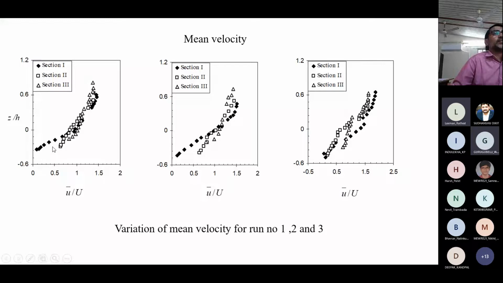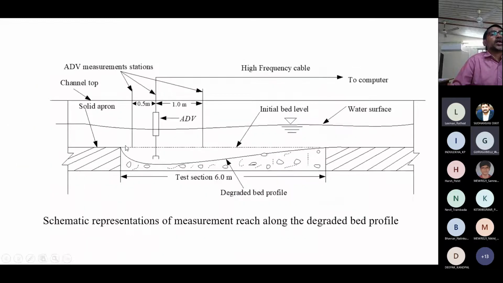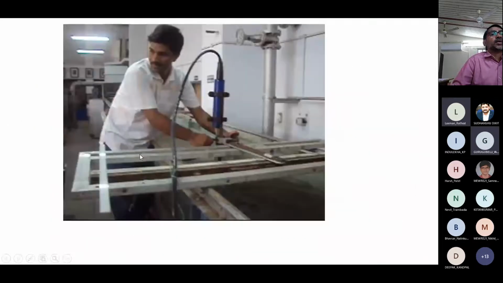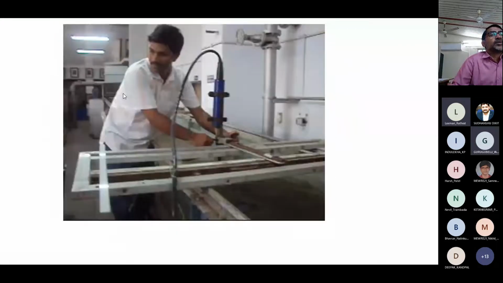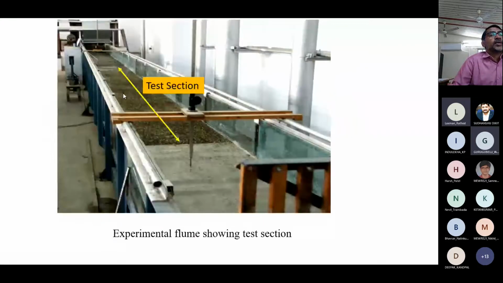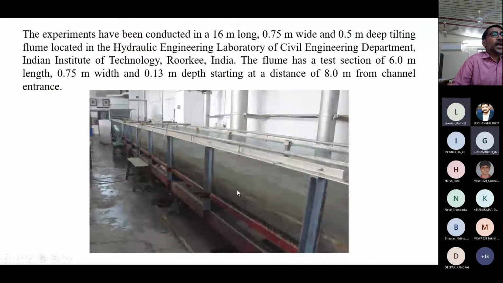So let me go back to that figure again. See this figure, this one. This would be treated as the original bed level, right? Below this bed level we will have Z by H negative, and above this bed level we will have Z by H positive. This was the water depth, and this dark area is sediment.